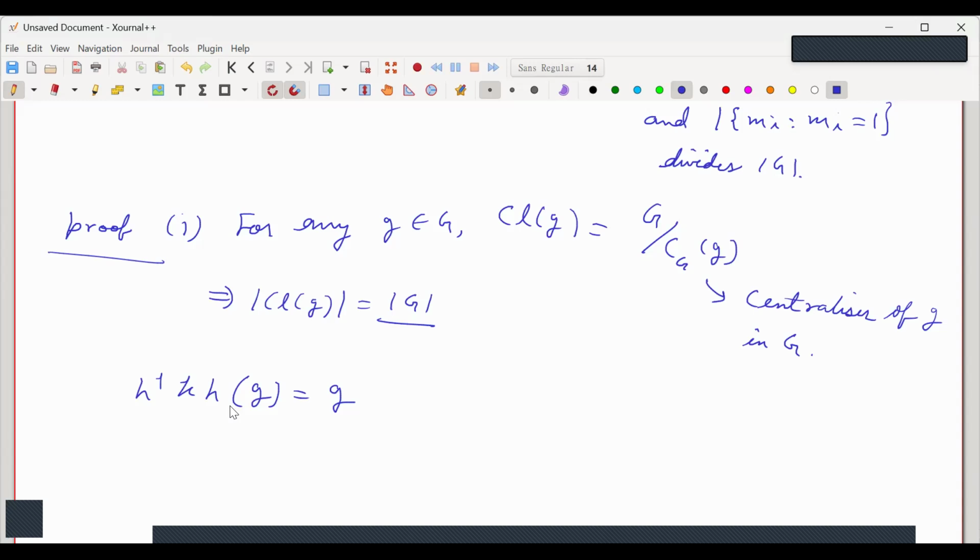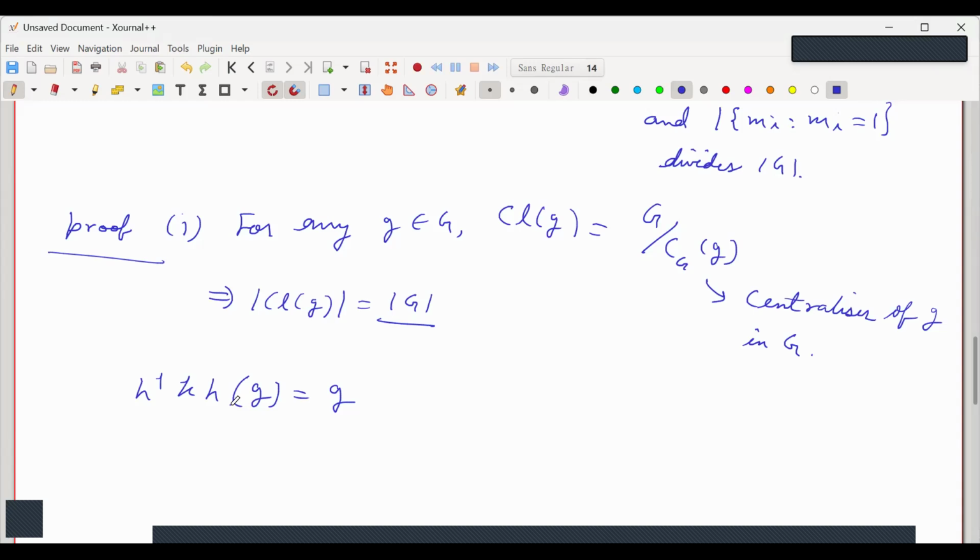Now, if it is not a normal subgroup, can we still talk about G modulo the centralizer? The answer is yes. Normality only guarantees that it will be a group, but we can still talk about the cosets, right?